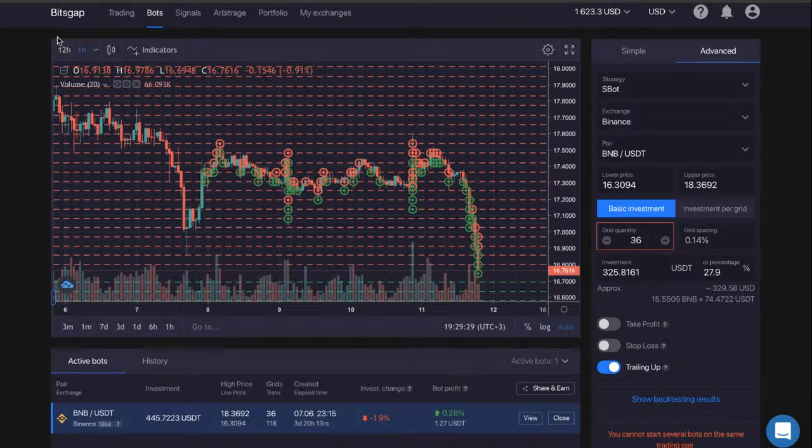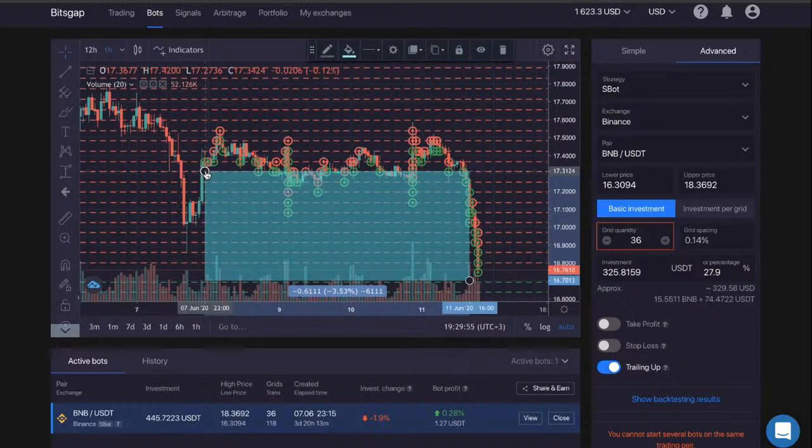But what would be the effect if you just would simply hodl BNB instead of using automated trading, which I'm currently using? So here is the point of my inception. Here is the point when I started this bot, and now you see the current price is over here. So if you wouldn't launch the bot, your investment change would be minus 3.5%.